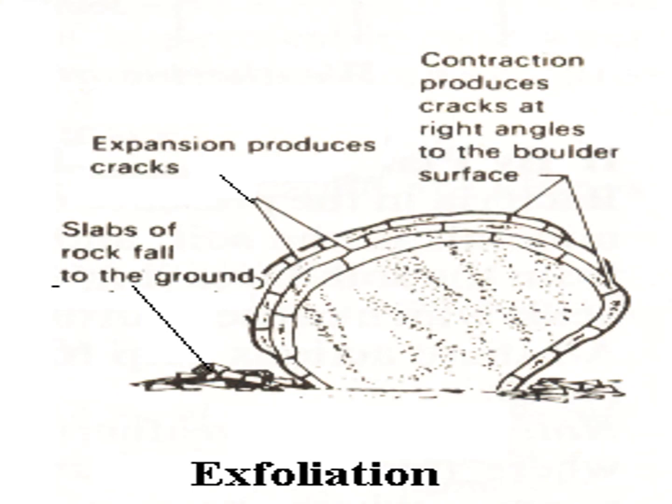So here we have a diagram that is basically showing what you just saw illustrated a while ago. And so as you can see, the outer layers are flaking away or peeling off, just like what you saw in the video, as a result of the expansion and the contraction of the rocks. And this is what we call exfoliation.